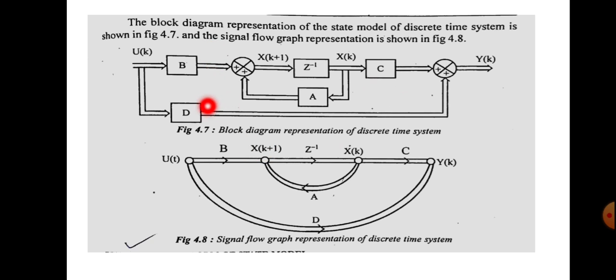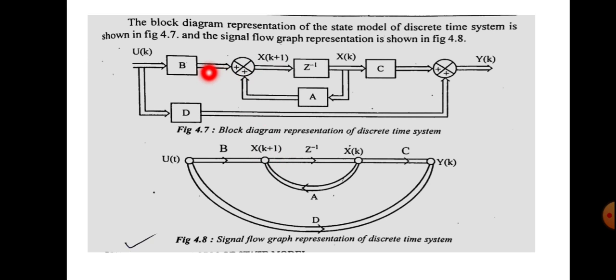The same block diagram can be represented as a signal flow graph like this. Each node represents a signal. First, u of k comes here. The notation is u of k, not u of t, that was a mistake. U of k comes here and b is marked above this arrow, and the next signal is x of k plus 1, so it is marked here.